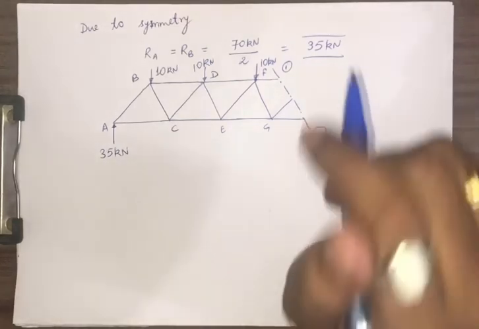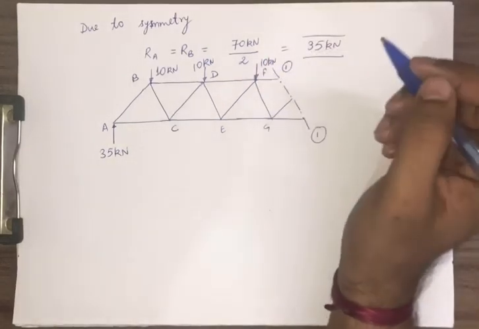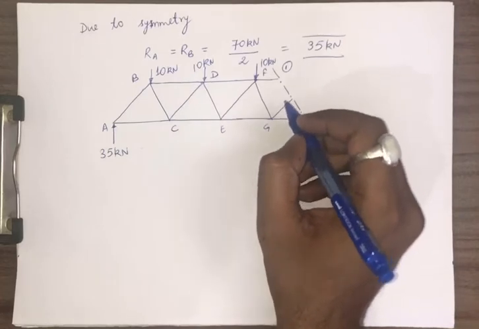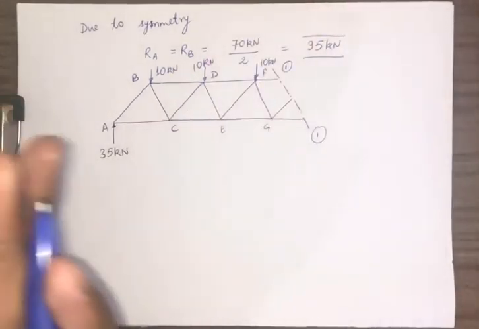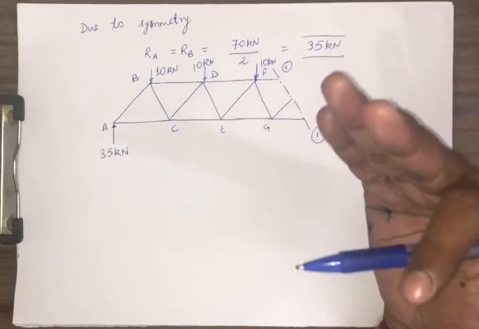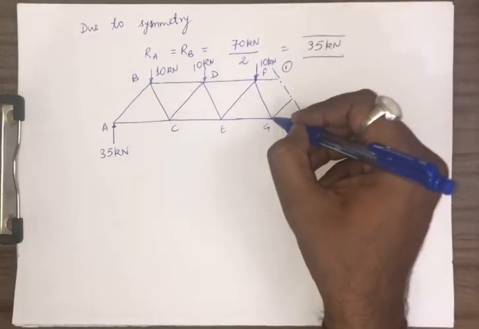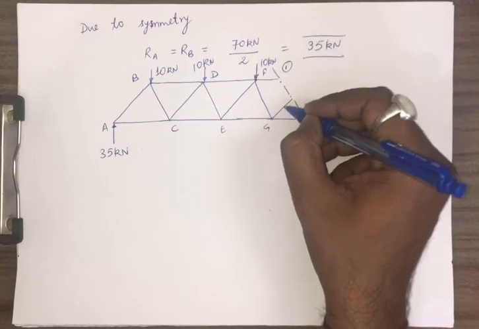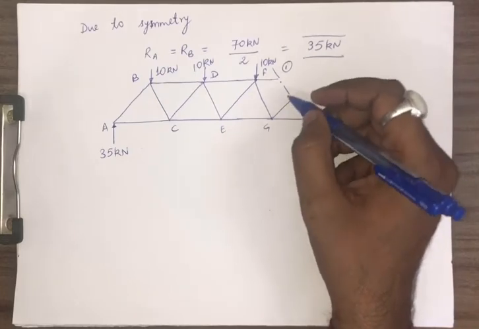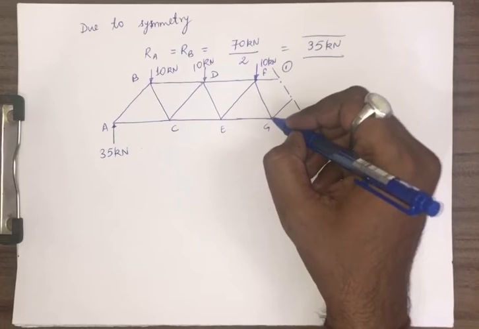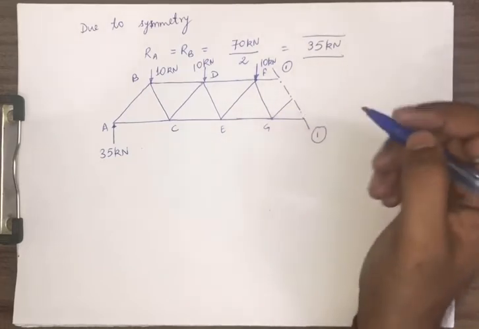So the trick here is, after cutting the section, let us just check whether out of those 3 members, 2 members are passing through the same point, that is, if the 2 member forces are concurrent. So what we can do, we can take moment about this point. Why we are doing so?